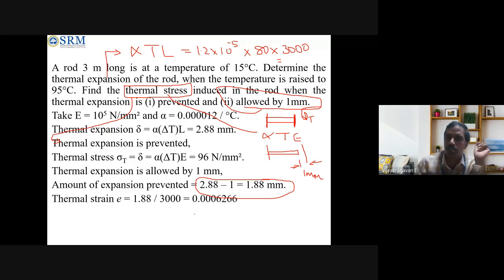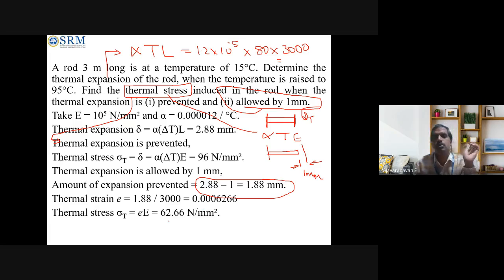So this gives the thermal strain, and from this you can calculate the thermal stress, which is strain into Young's modulus. Kindly go through it. If you have any queries, please ask me.